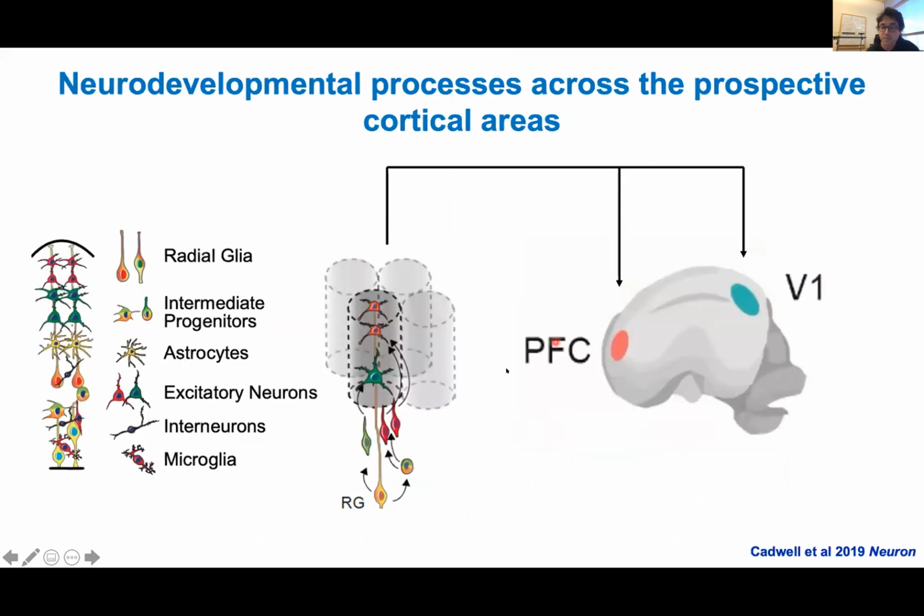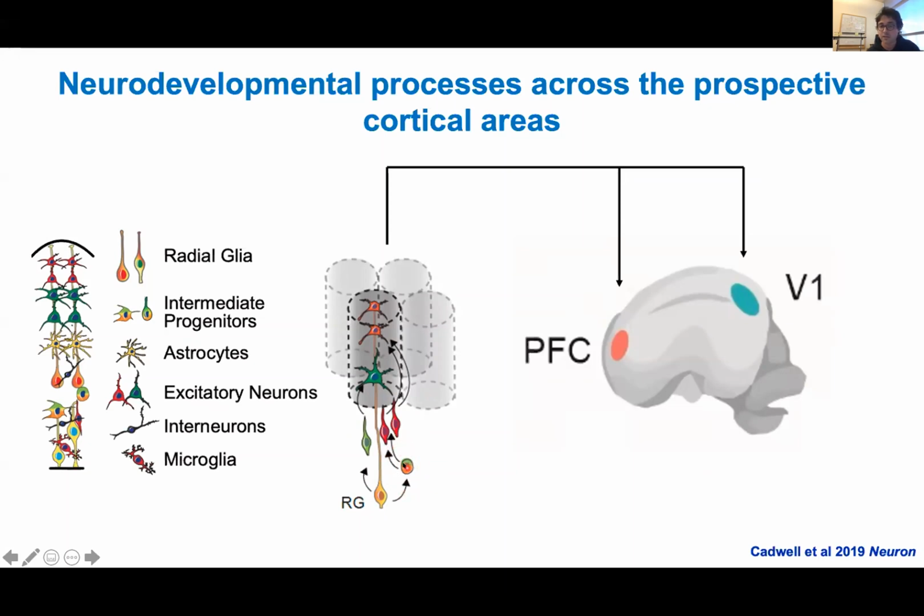And so it's been classically thought that the fundamental events that give rise to the neurons of the cerebral cortex, especially excitatory neurons, involve differentiation of radial glia directly into neurons or via intermediate progenitor cells, which are transient amplifying cells, as you've heard about them in earlier talks.